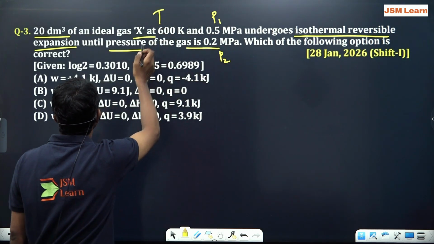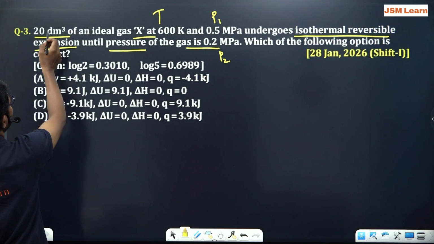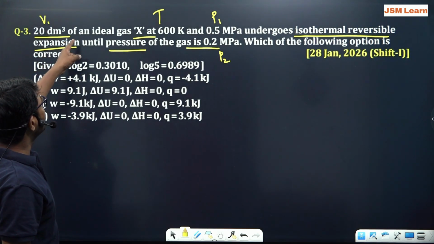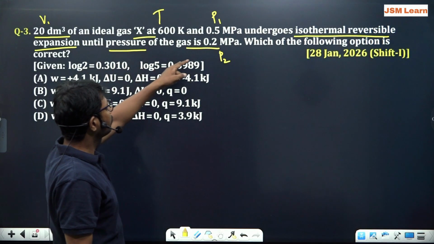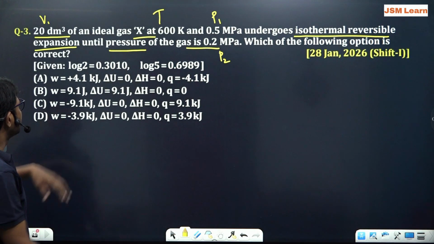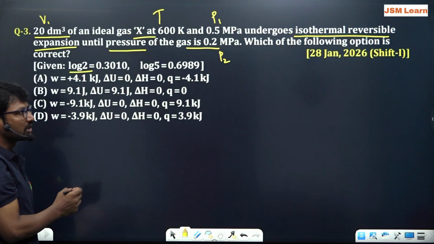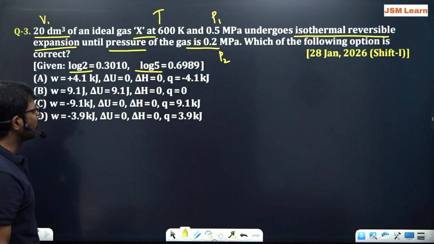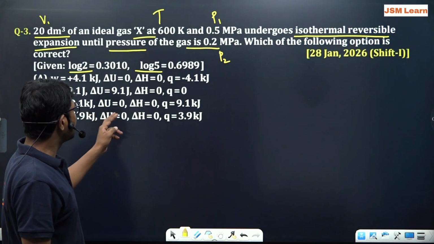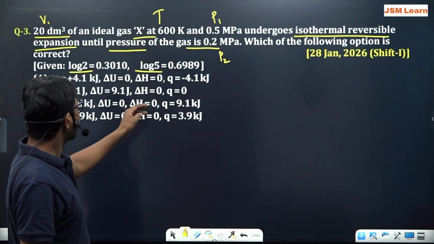Now which of the following options is correct? They have also provided log values, log 2 and log 5. So work done, delta U, change in enthalpy, and heat.